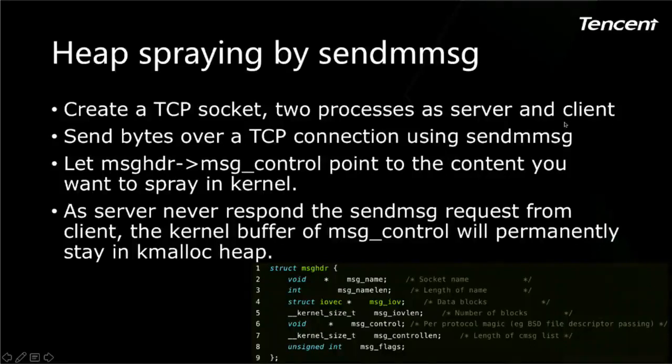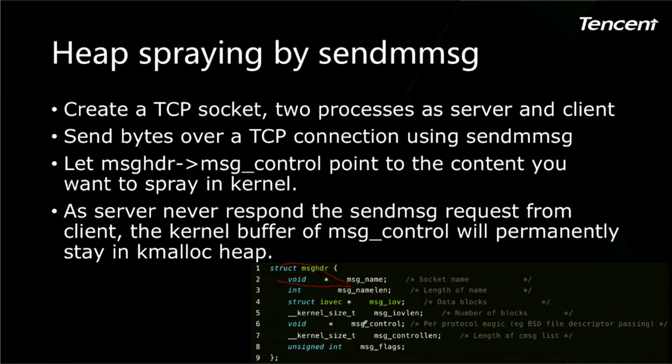So how to spray the kernel heap by sendmsg? Firstly, I will create two processes as server and client. The client sends bytes over the TCP connection using sendmsg, but the server does not respond. You can see the message header here.